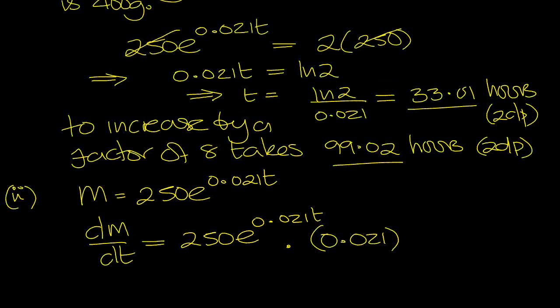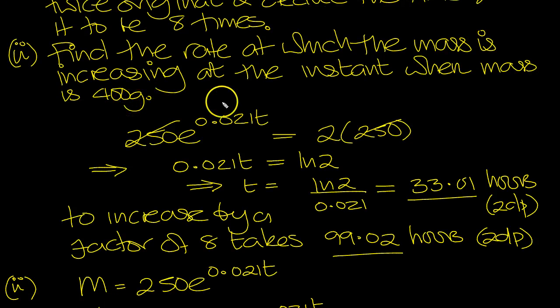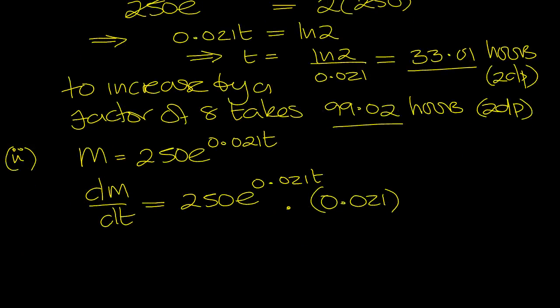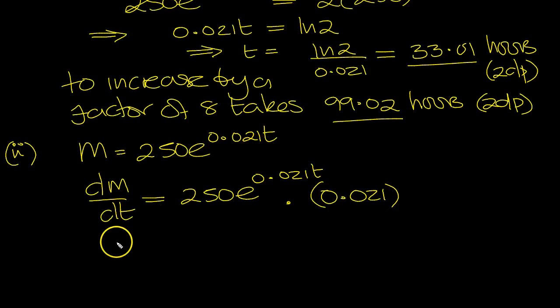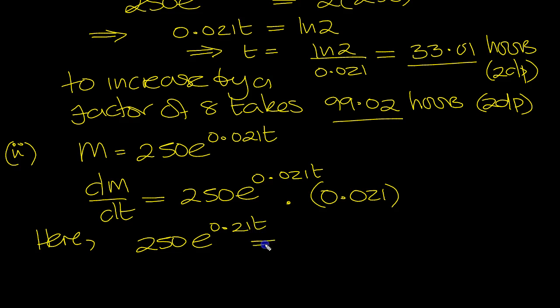And when does that equal 400? Find the rate at which the mass is increasing at the instant when the mass is 400 grams. When the mass equals 400, 250 e to the 0.021t is equal to 400 at what time? e to the 0.021t is equal to 400 over 250, which is 8 over 5, or 1.6.